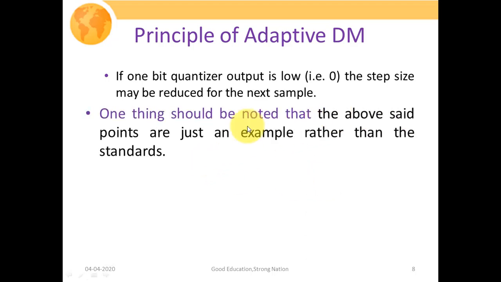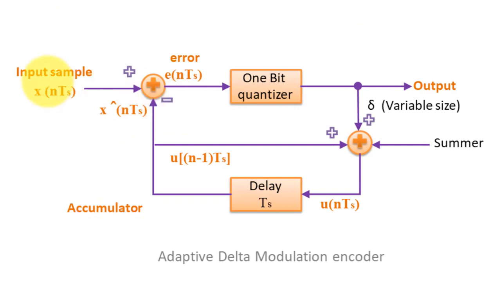One thing should be noted: the above set points are just examples rather than standards. Obviously if the 1-bit quantizer value is 1, we are going to increase our step size, and if its output is 0, then we are going to reduce the step size. But how much we increase or decrease has to be governed by certain standards. In any of the adaptive delta modulation algorithms, we follow the same procedure. This particular figure shows the adaptive delta modulation encoder.